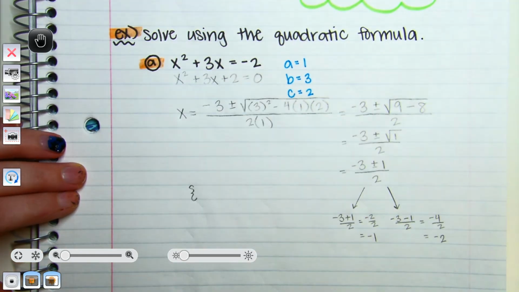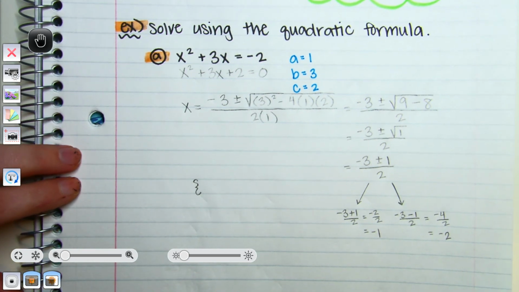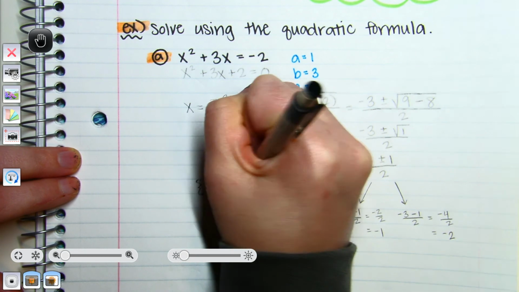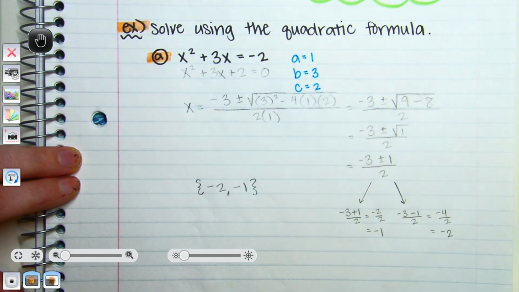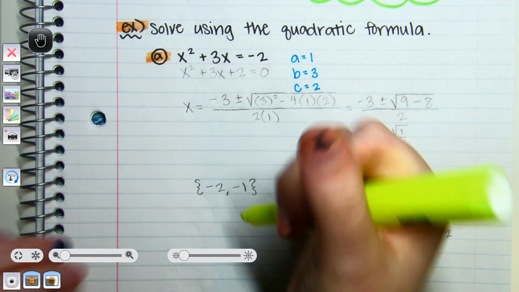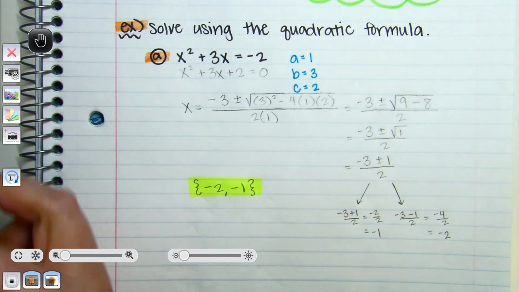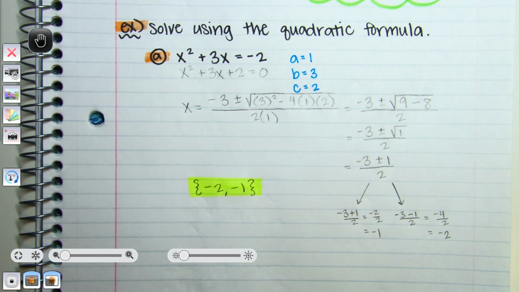So squiggly bracket, and remember smallest to greatest. So the smallest number is negative 2, and then negative 1. Squiggly brackets. If you write this in parentheses or these square brackets, it will be marked wrong. You have been warned.